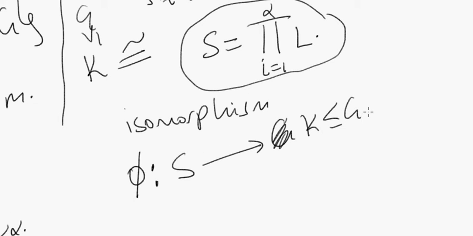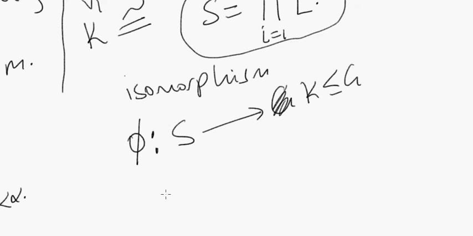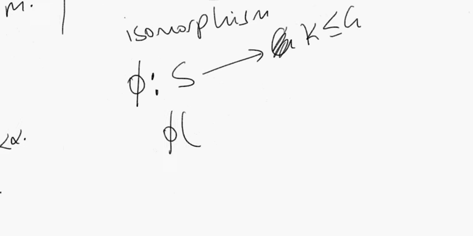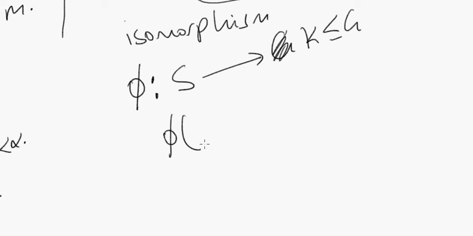Isn't it going to take elements of S? But what are the elements of S? Aren't they things of the form G1, G2, all the way up to G alpha? Where are we going to send these elements in the group G to guarantee that phi is an isomorphism?